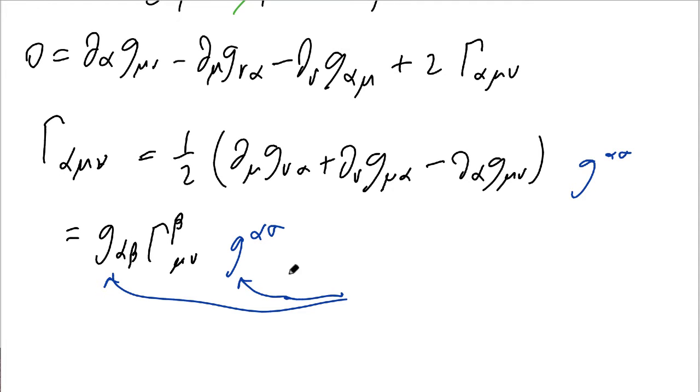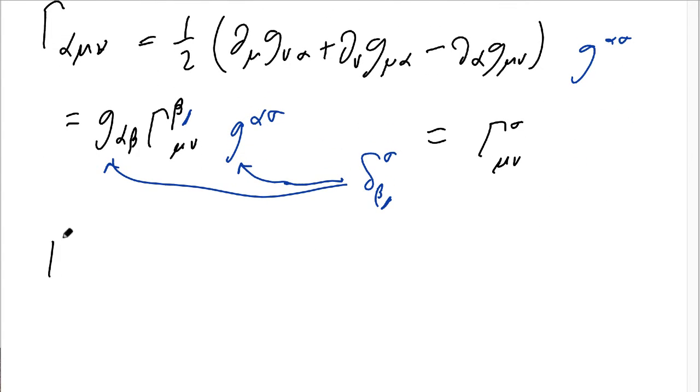This is g alpha sigma times, so that's the inverse metric times the metric itself, which just gives us a Kronecker delta beta sigma. And then we have a sum over beta here and here. So it's the usual argument in that sum. The only non-zero term is the one in which beta is equal to sigma. So what we have on the right-hand side is gamma sigma mu nu.